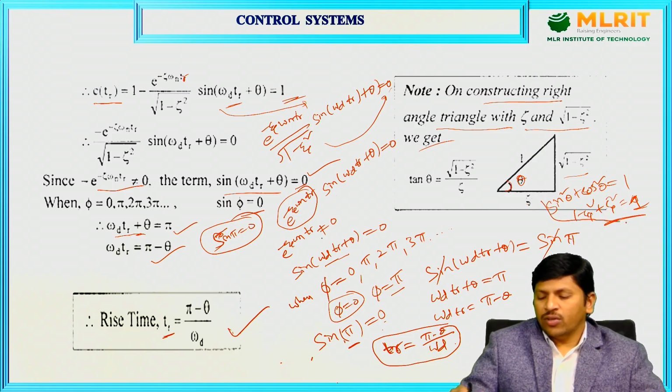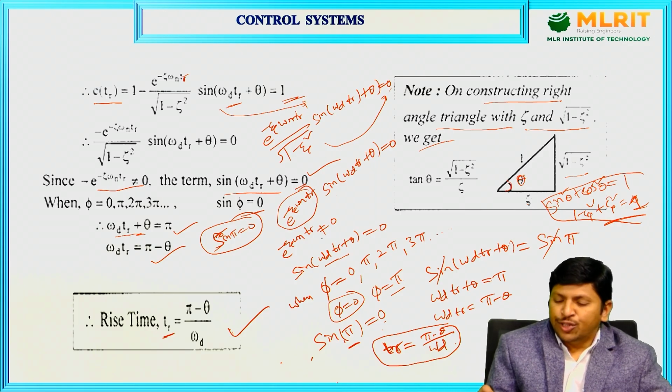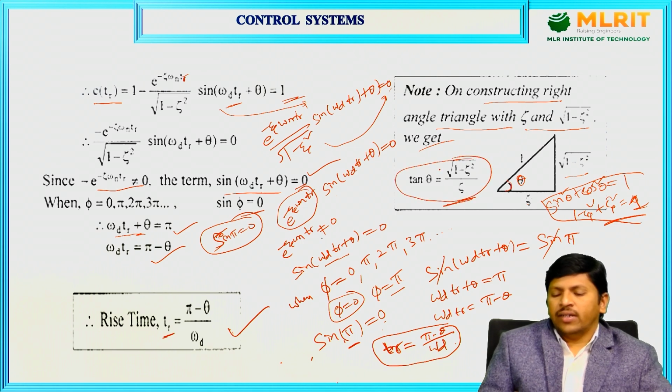So we are going to consider this here. From this, observe sin theta divided by cos theta. Sin is under root 1 minus zeta square, and cos is zeta. So under root 1 minus zeta square divided by zeta is the tan theta from this right angle triangle.